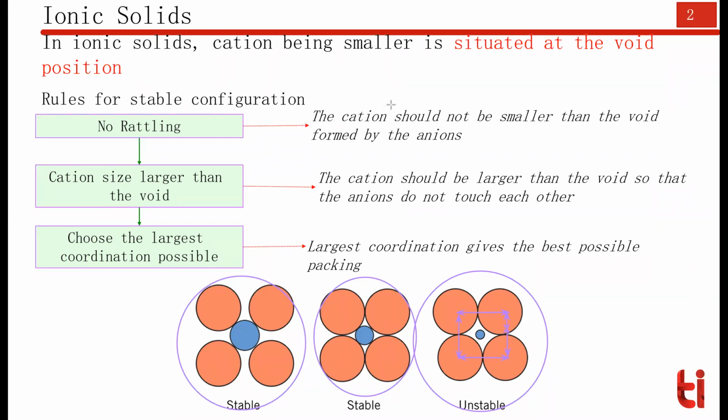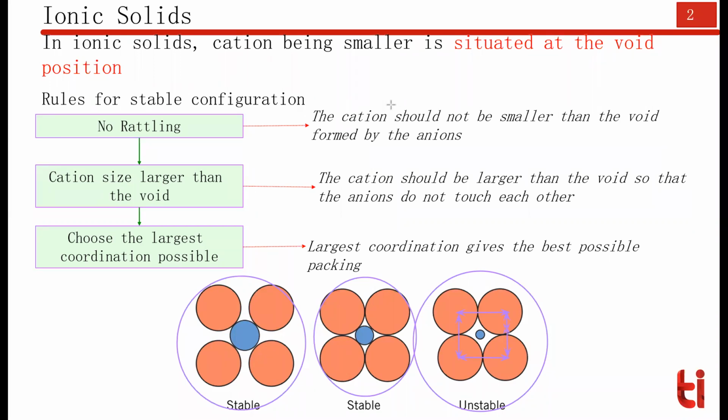Okay, let me repeat the entire statement. I think there is a mixture of anion and cation. So let's define the two things. Number one, what is anion, what is cation, and then which one should occupy the valley. At least one thing is clear to everyone from the geometry, that only the smaller atom can go into the valley, right?